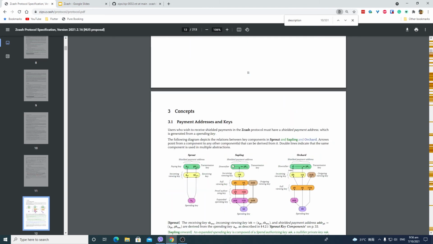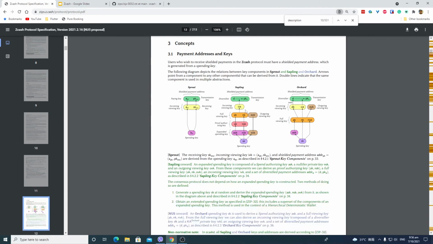Not all values are possible, but lots of them are possible. With a diversifier and IVK, you can derive an address, right? And the address actually contains the diversifier. So that's it for this.